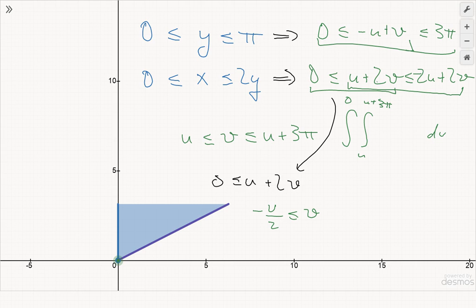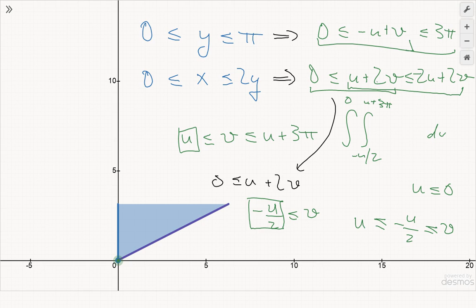So now we have to be careful. We have two lower bounds for v, negative u over 2 and u. Since u is less than or equal to 0, negative u over 2 will be greater than or equal to u. So negative u over 2 is really the bound that we need to take for v. And then what is our lowest possible value for u?